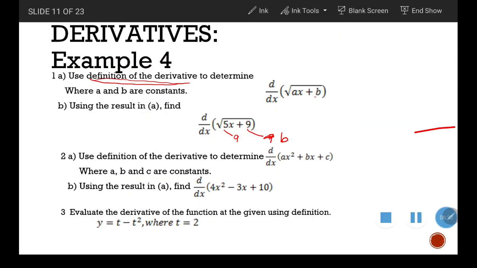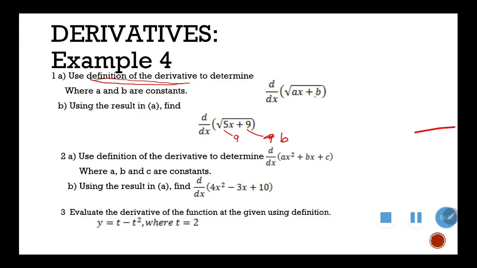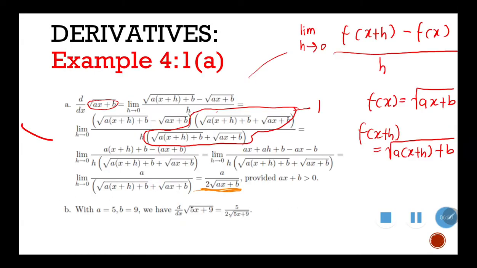So let's look back at example 1b. Using the result in a, find the derivative of square root of 5x plus 9. This is really easy.